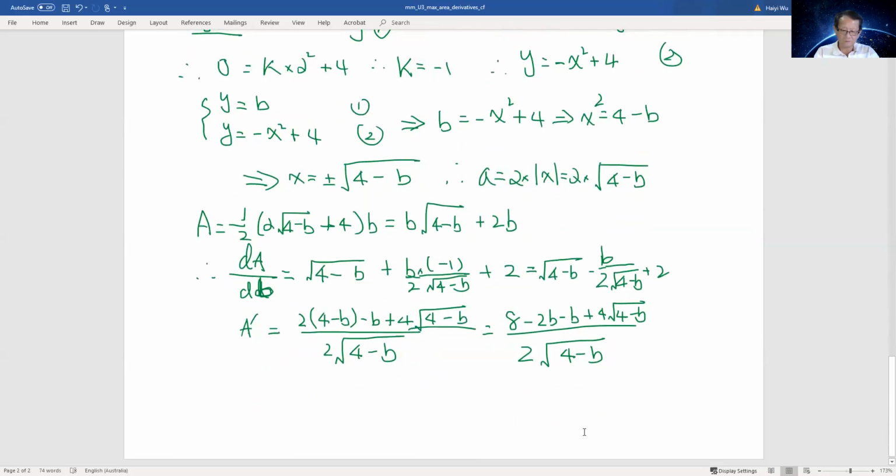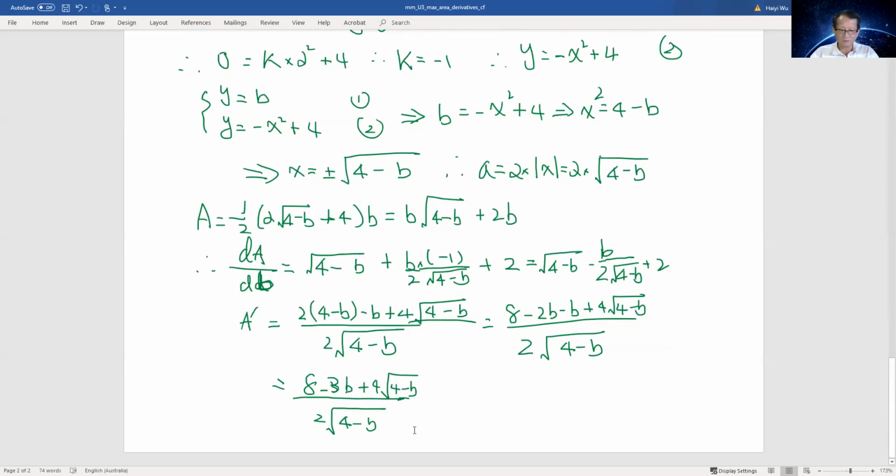So the answer is 8 minus 3b plus 4 square root 4 minus b, all over 2 square root 4 minus b. All right, this is our derivative.